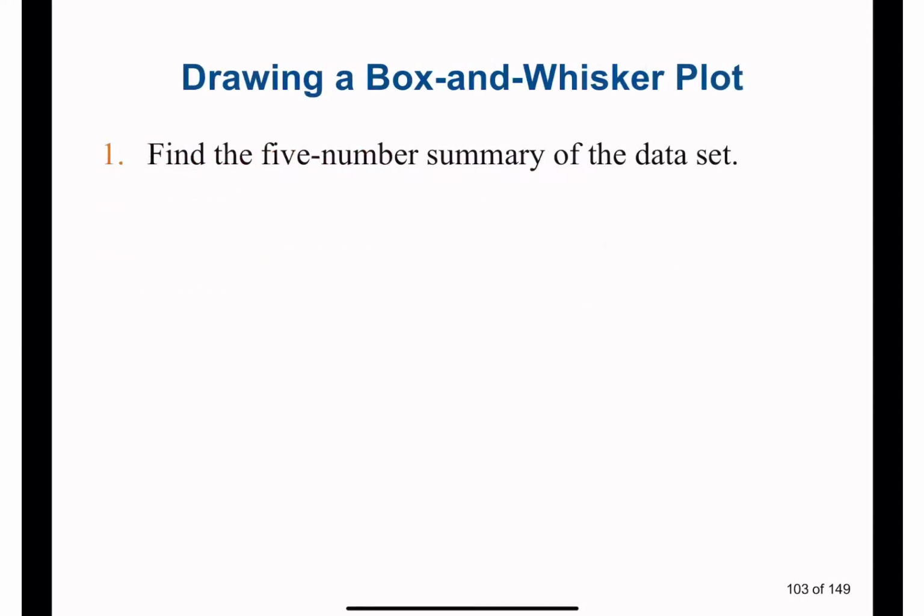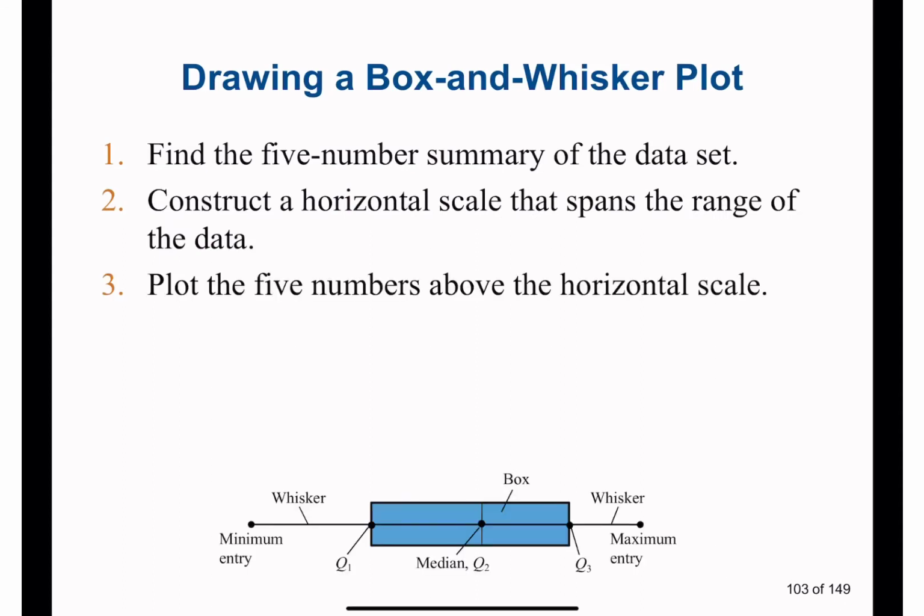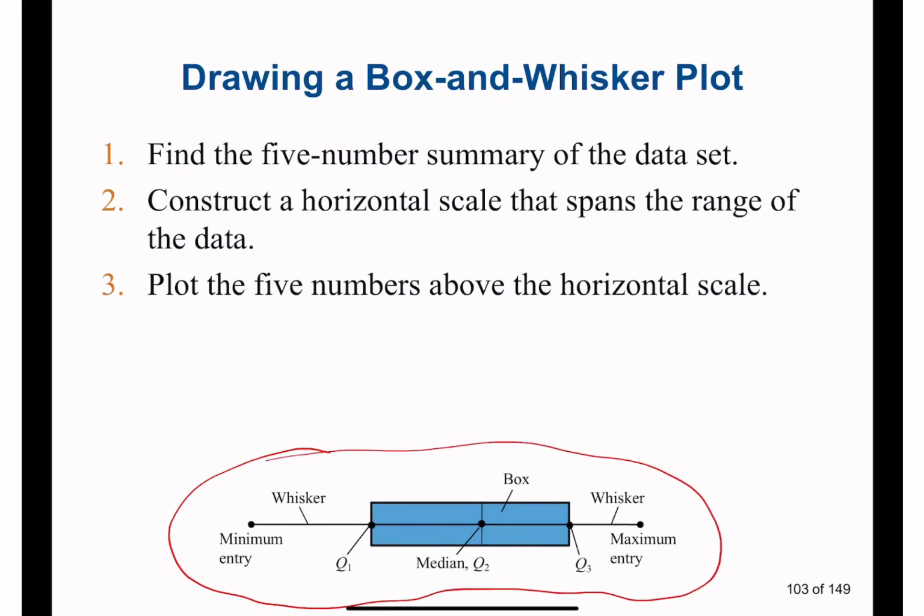So how are we going to draw a box and whisker plot? Those are steps, which I'm not going to read. All I will show you is how it's going to look, the box and whisker plot on the graph. This is our box, blue color. Here you have Q1. This point is Q3. And the middle point is going to be the median.